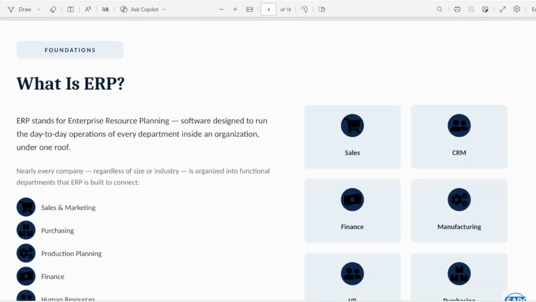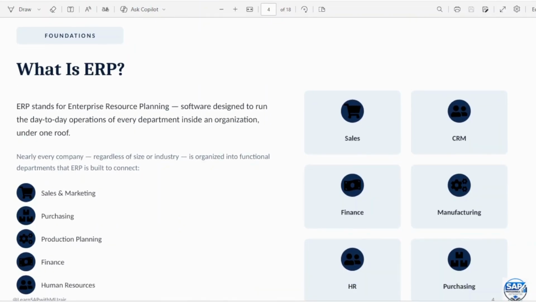So this is the very core concept: what is ERP? It's basically the foundation. ERP stands for Enterprise Resource Planning System, a single software designed to run the day-to-day operations of every department inside an organization under one roof. What is meant by one roof? In a simple manner, when there are multiple departments in an organization, like sales, marketing, purchasing, production planning, finance, human resources, and others, they actually use separate software for their processes.